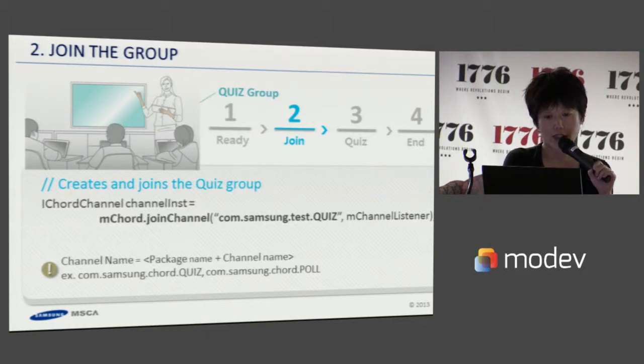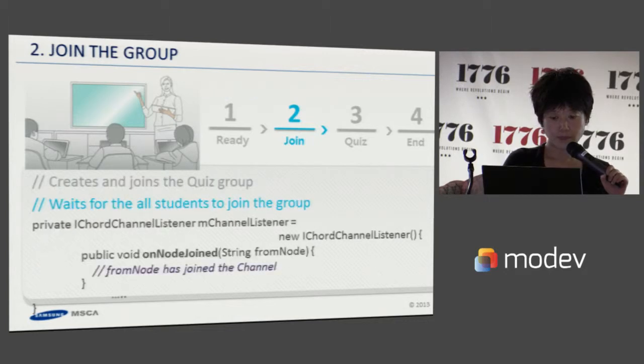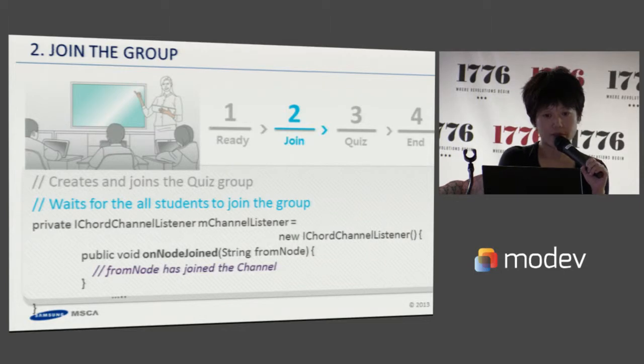If the students later on invoke join channel in their application, they will join the existing channel. So from the teacher side, she'll wait for all the students to participate. When each device joins, an onNodeJoined call will be invoked.